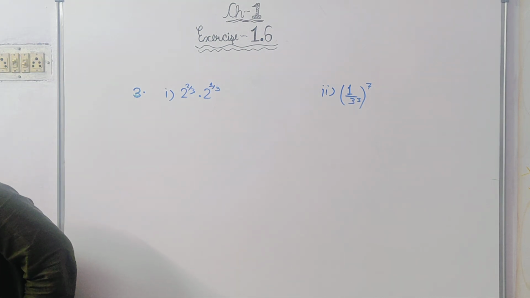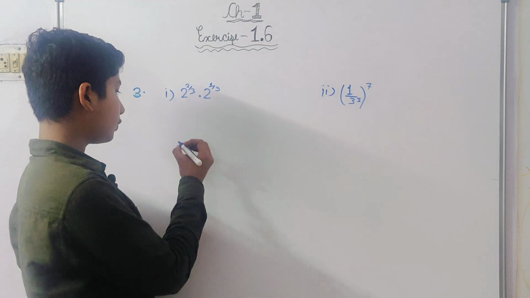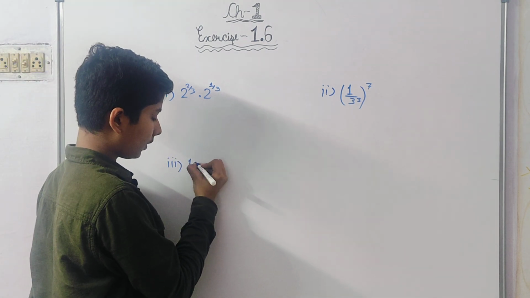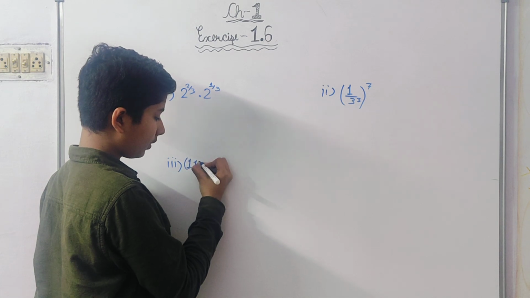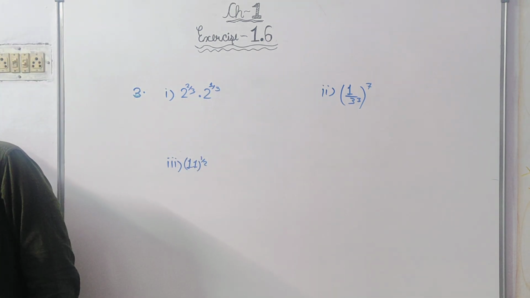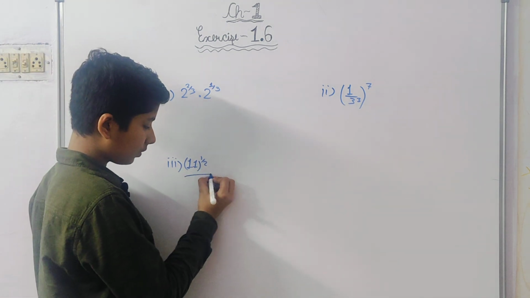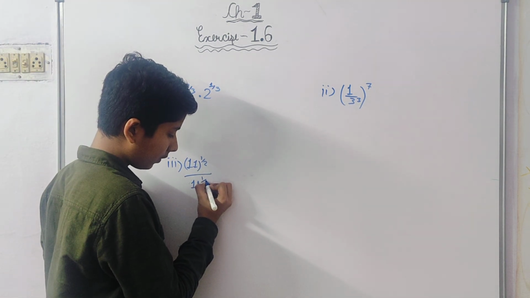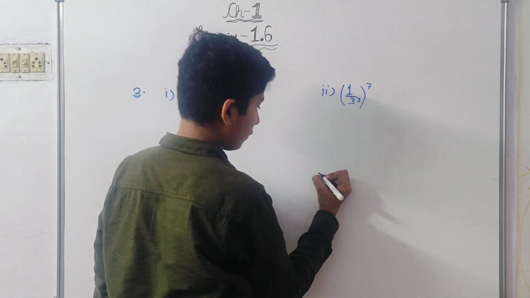Now next it is 11 to the power 1 by 2 upon 11 to the power 1 by 4. Now the fourth one.